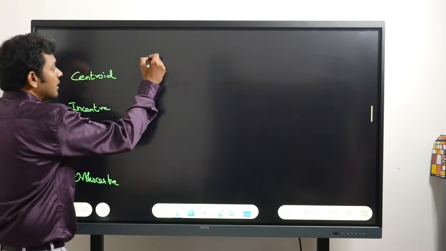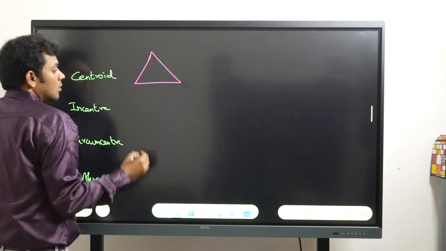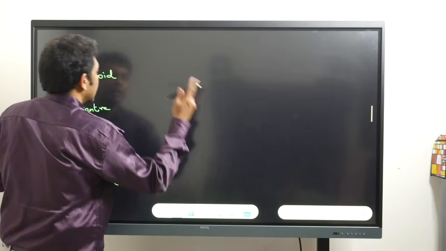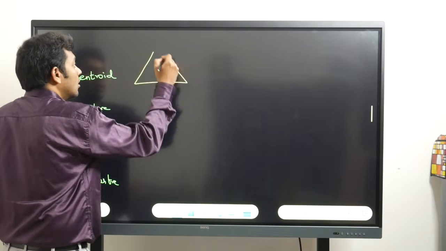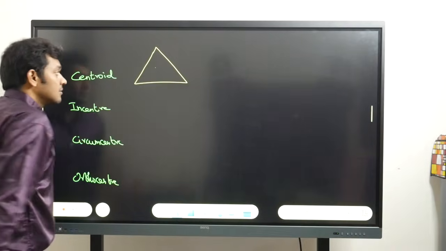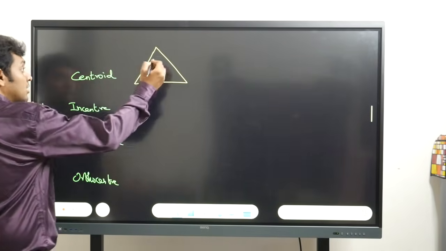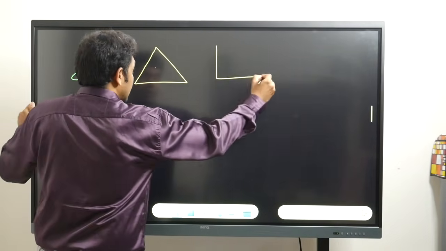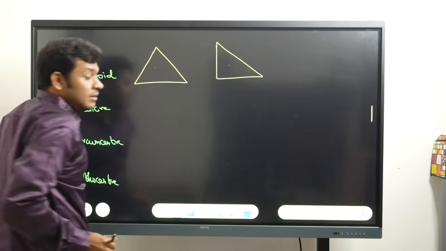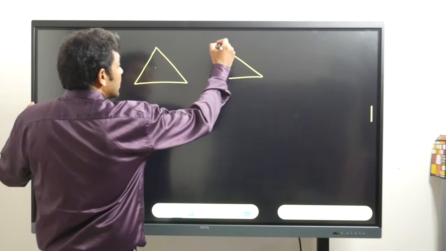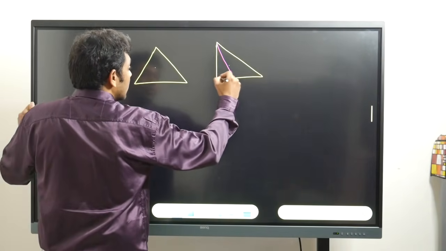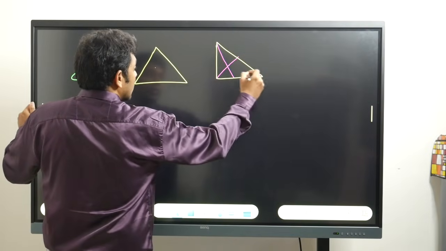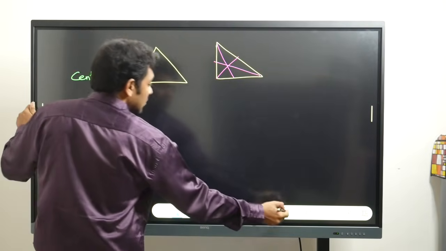For an acute angle triangle, we know my centroid is going to be inside. Not only for acute angle triangle, even for right angle triangle, the intersection of medians is going to be inside, because you take the midpoint and you join, it will be inside.